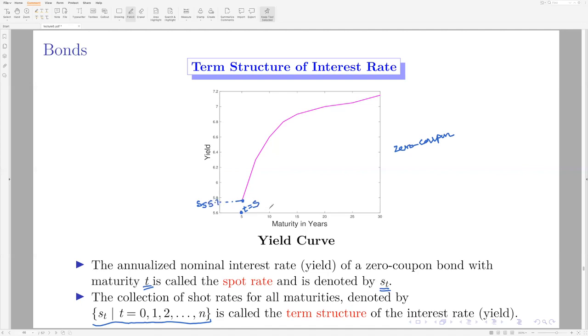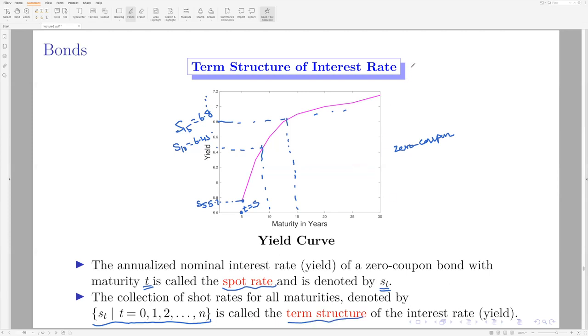And similarly, S_10 is around 6.45, and so on. I'm just roughly drawing. S_15 is 6.8 and so on. So these are called the spot rates, and the collection of spot rates of all maturities, if you just take this, is called the term structure of the interest rate.